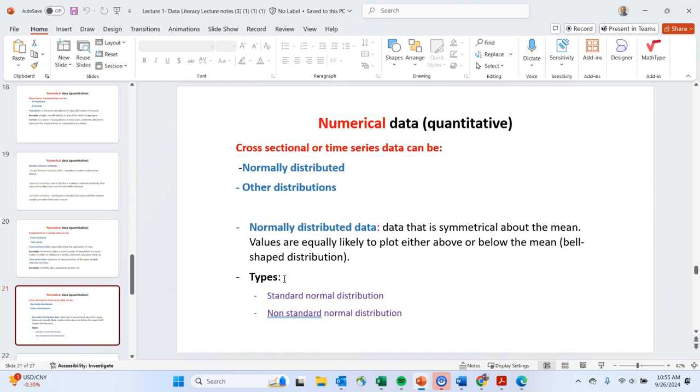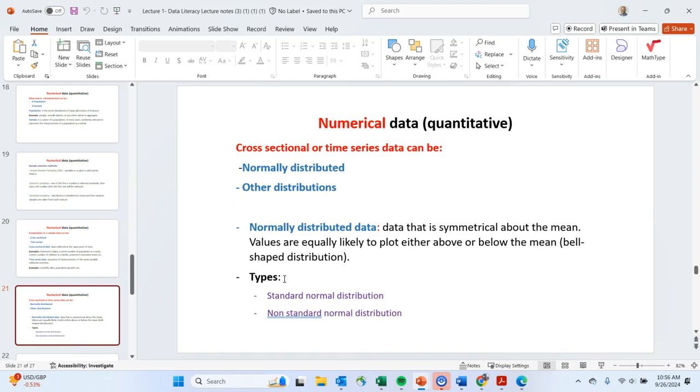So your data can be cross-sectional or time series, but also we need to find out if data is normally distributed or if it has other distribution. When we say other distributions, it means your data can skew to the left or to the right. And so that is different from the normally distributed data. If you understand the bell-shaped curve, that actually represents the normally distributed data, data without much of the outliers.